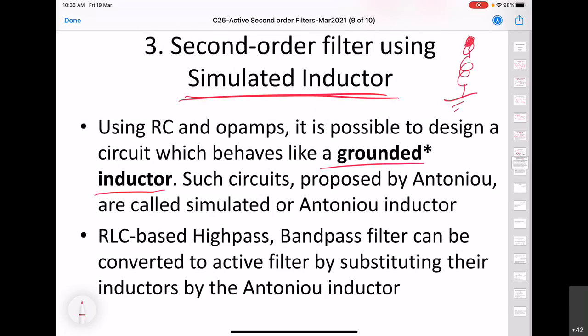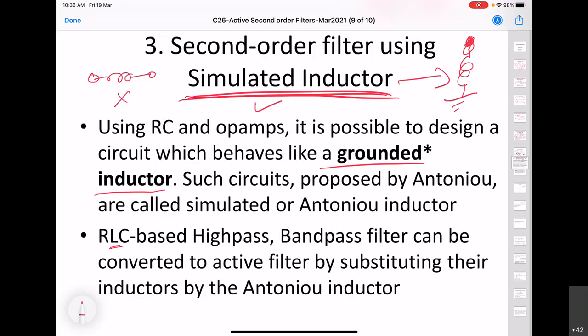We will see that this simulated inductor cannot be used for the floating inductor scenario. That cannot be realized using this simulated inductor, only the grounded one can be realized.